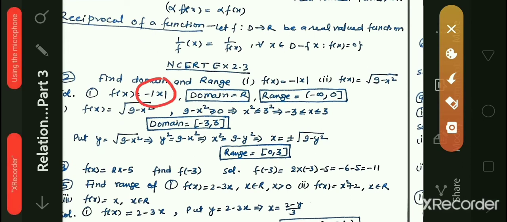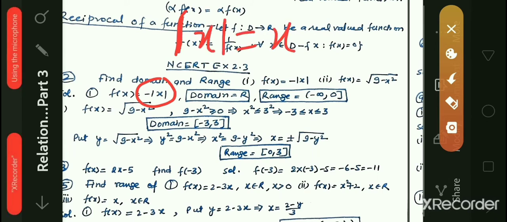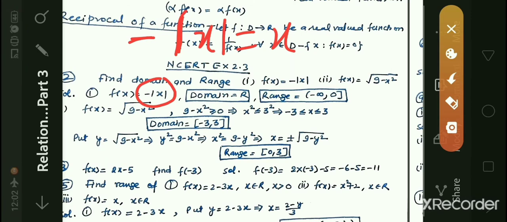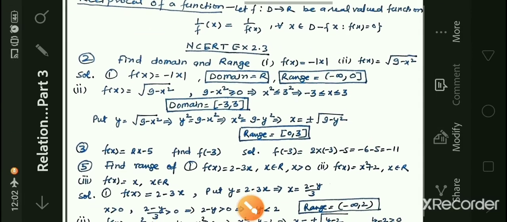Whatever real number you take, the modulus gives a positive value, and with the negative sign you always get a negative value or zero. So in the first part, domain is real numbers, and range is the interval (-∞, 0].